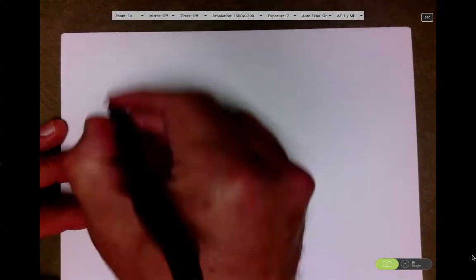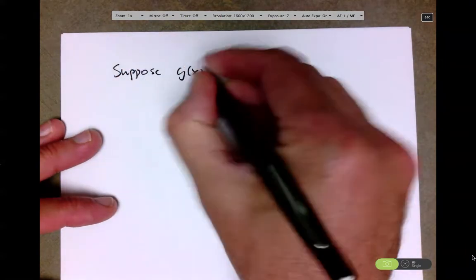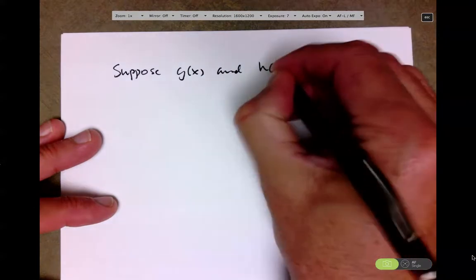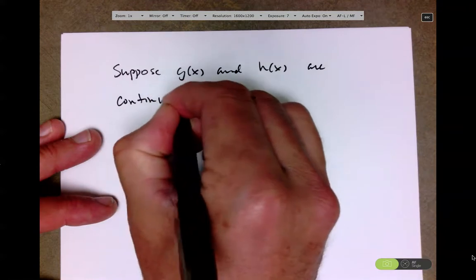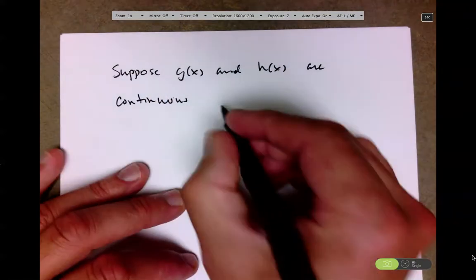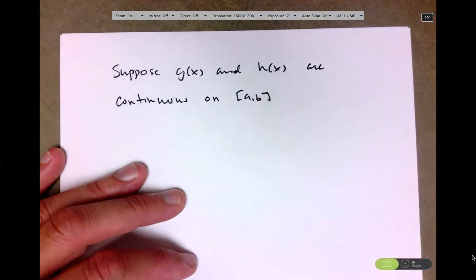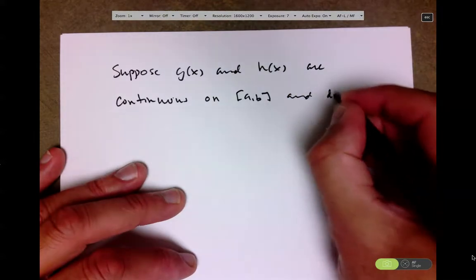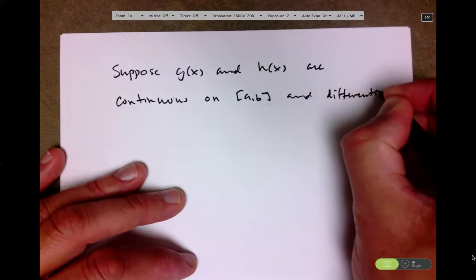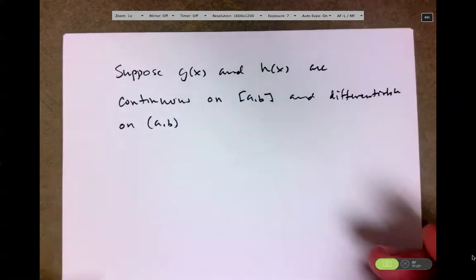All right, and the theorem says this: suppose that g and h are continuous on the interval from a to b and differentiable on the open interval from a to b.